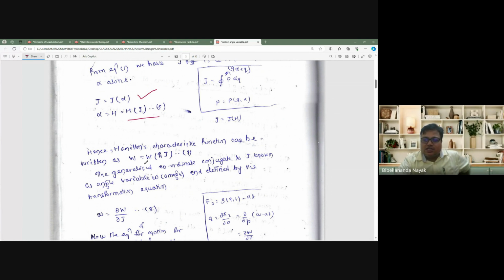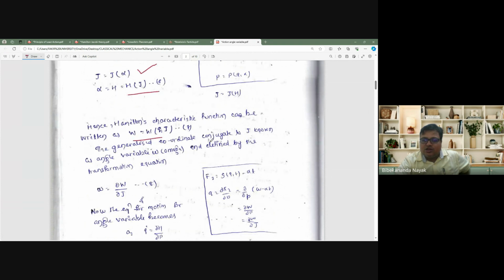From Hamilton's characteristic function W, which we will write as W of Q and J, J is the momentum. The generalized coordinate conjugate to J is known as the action angle variable omega, and it is defined by the transformation equation omega is equal to del W by del J. J is your action integral.